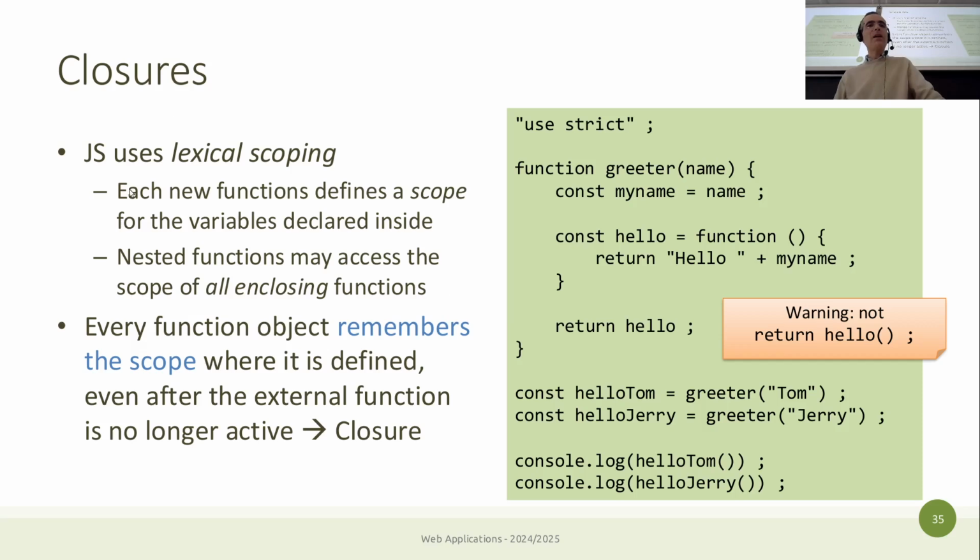Actually, we say that each new function defines a scope for the variables that are declared inside that function. It's a private scope, and you can define variables as with other languages, no problem. But the point is that to those variables you can assign references to functions, and those functions have a visibility about the variables that they see when they are defined.